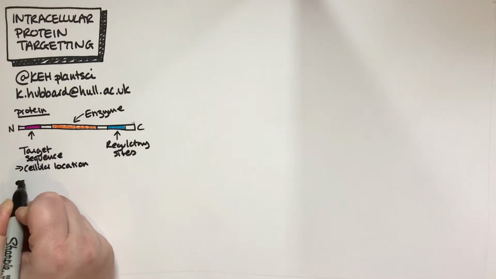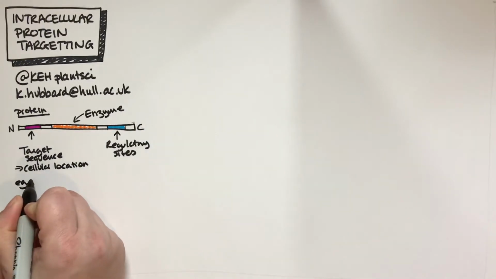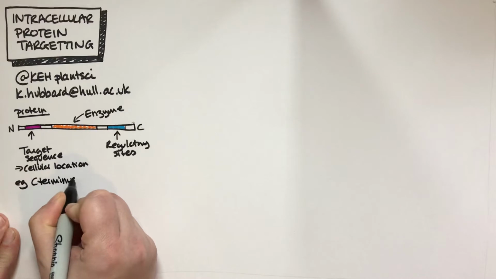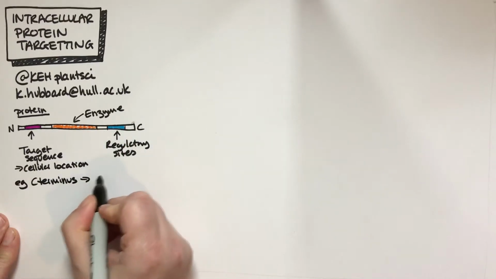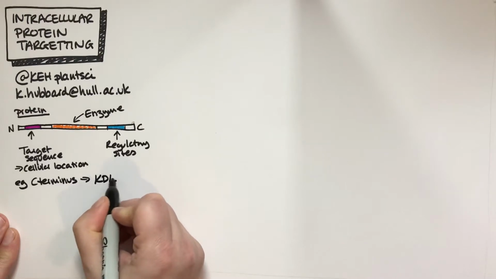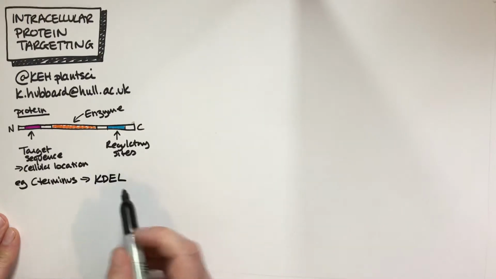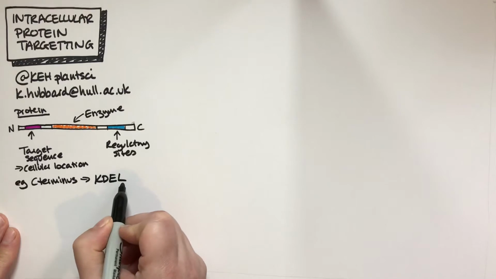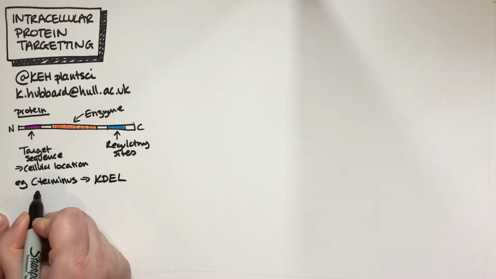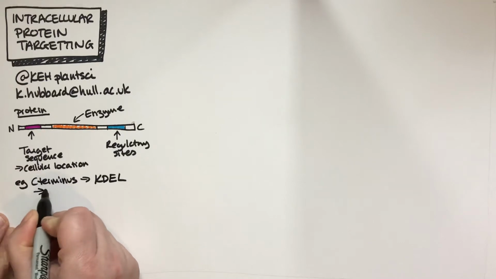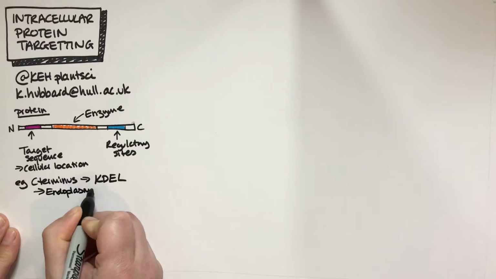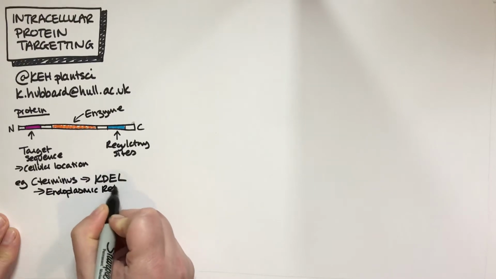So for example, if at the C terminus, at the end of the protein, you have the sequence KDEL, that's using the single amino acid codes, that tells you that it should end up in the endoplasmic reticulum.